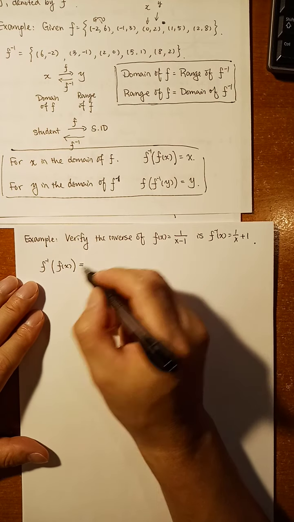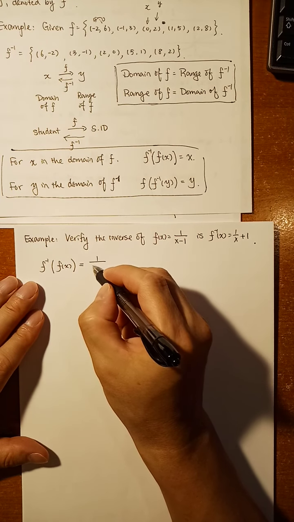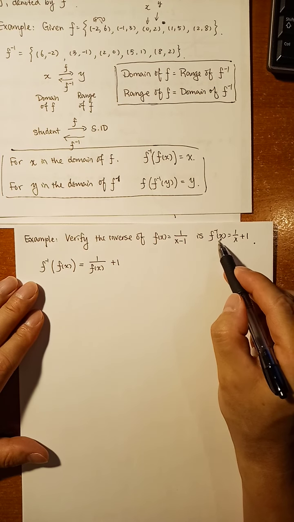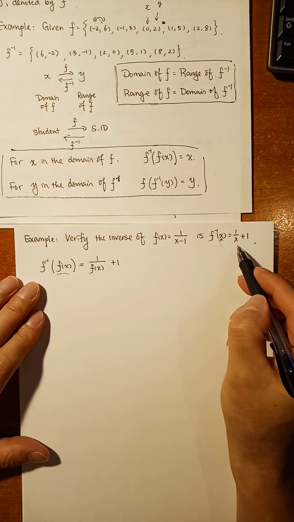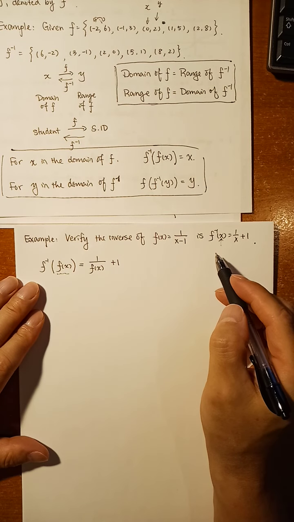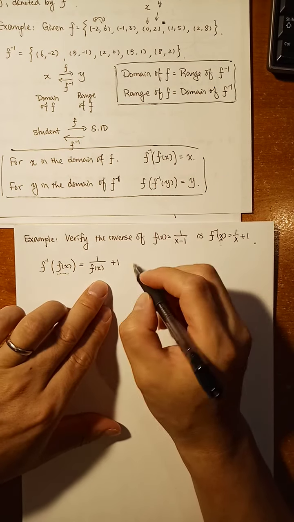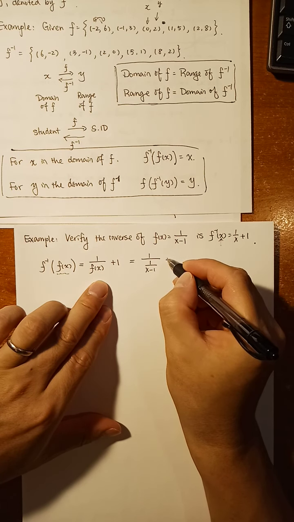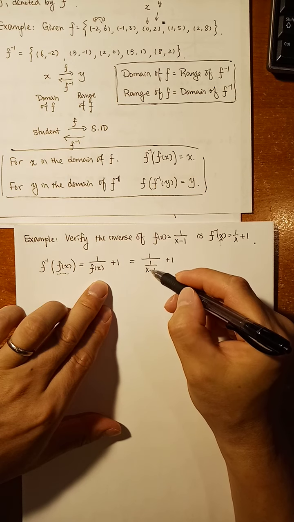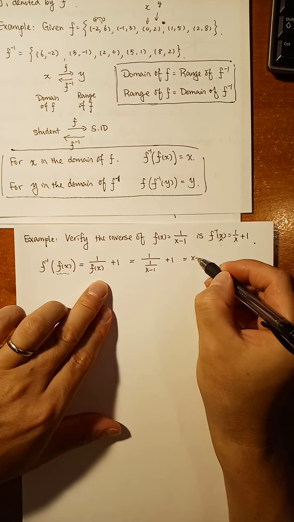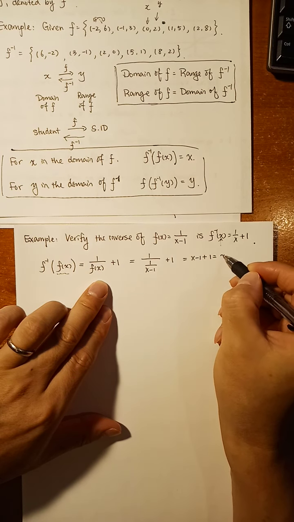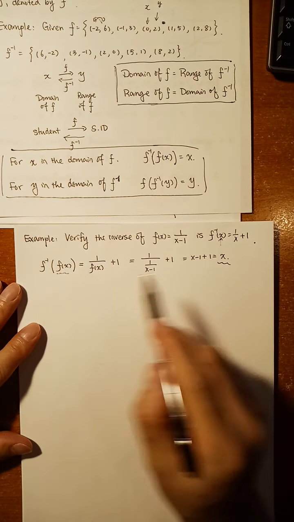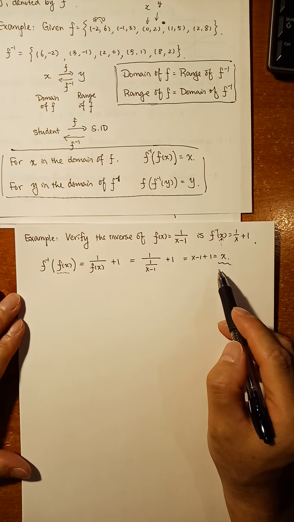F inverse of f(x) is a composite function, so it's 1/(f(x)) + 1. You see here, x, here is f(x), so you just replace x by f(x), right? And f(x) is 1/(x - 1). 1 over 1/(x - 1) is x - 1, and plus 1 is x. See it? You map the range back to the initial point, initial value.